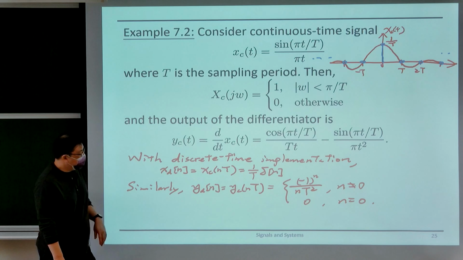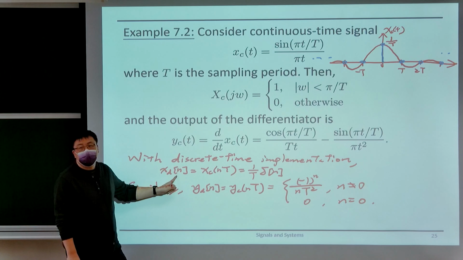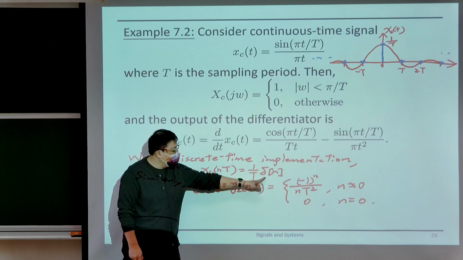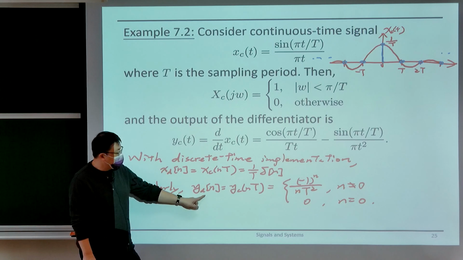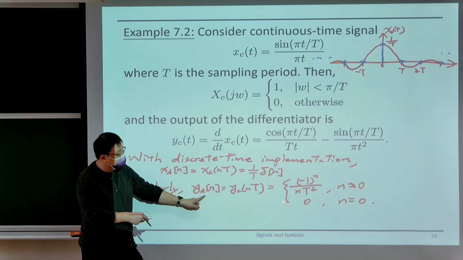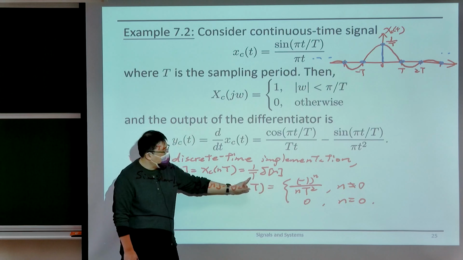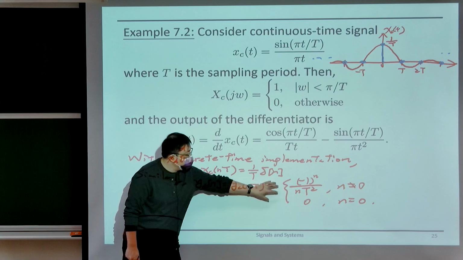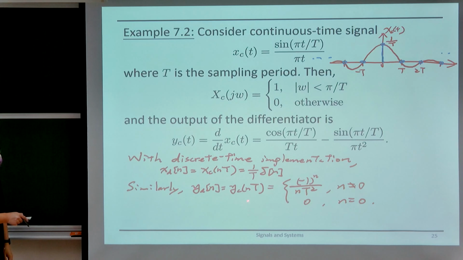Now, what's interesting is that here we have a discrete time signal that is just a scale of an impulse, and we have the corresponding output that is equal to this. If you multiply both of these by capital T, then what you get is actually the response to an impulse function, and that is the definition of an impulse response.